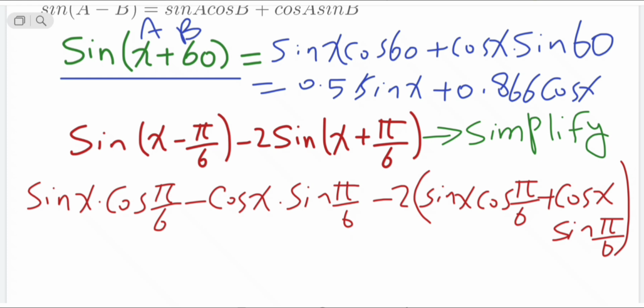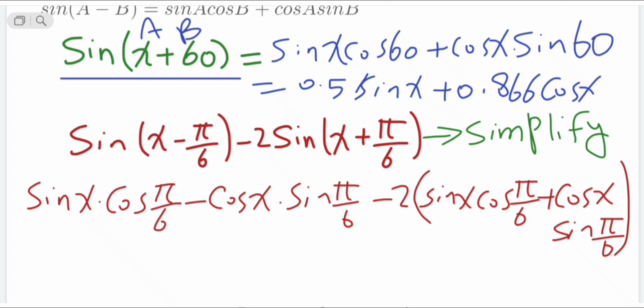Okay, now we will use the calculator to find the values, but be careful. Pi over 6 means radian, so we will change the mode of the calculator into radian.